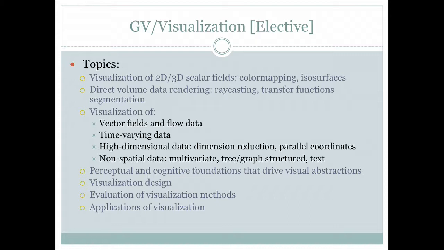Visualization of 2D, 3D scalar fields, including color mapping, isosurface generation, direct volume rendering, including raycasting, transfer functions, segmentation, visualization specifically of vector fields, flow, time-varying data, high-dimensional data, non-spatial data, and then a collection of factors and foundations: perceptual and cognitive, design, evaluation, and then finally applications. That's what happens in graphics.